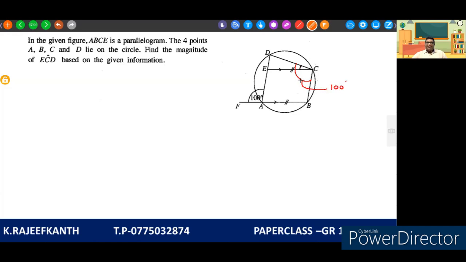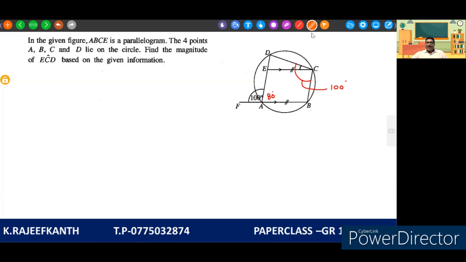So this should be 100 degrees. Angle DCB should be equal to 100 degrees because this is the exterior angle. So the exterior angle is equal to the interior opposite angle. And we know that this is 80 degrees because the sum of adjacent angles on a straight line is 180.